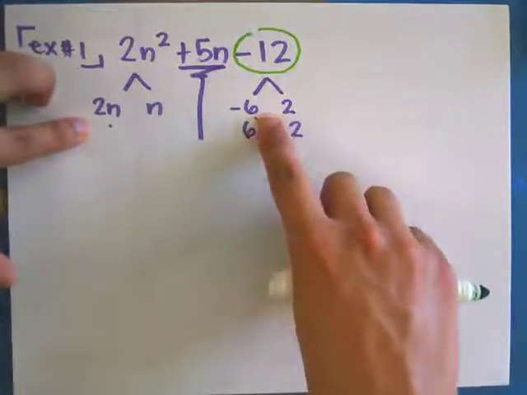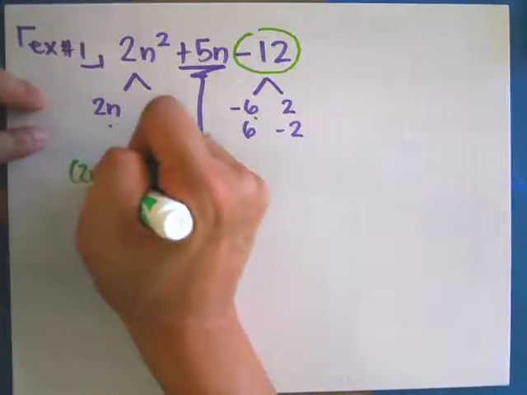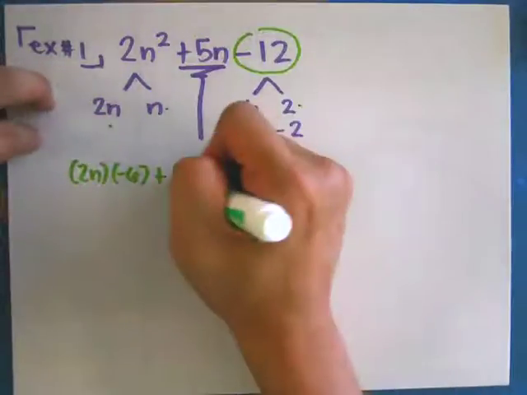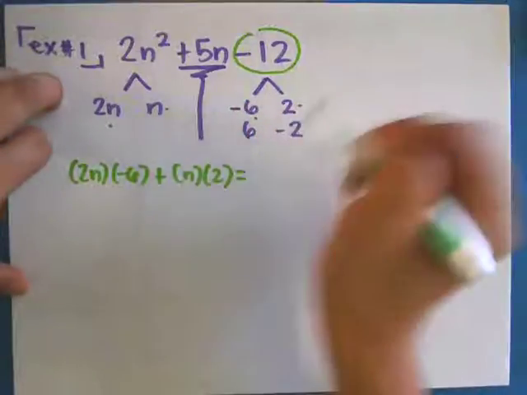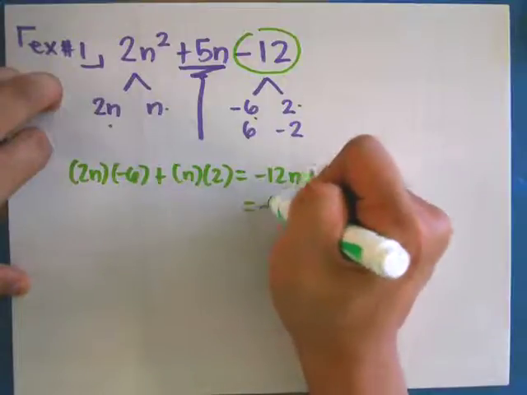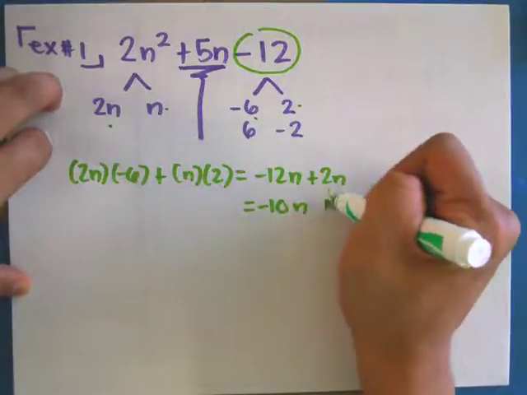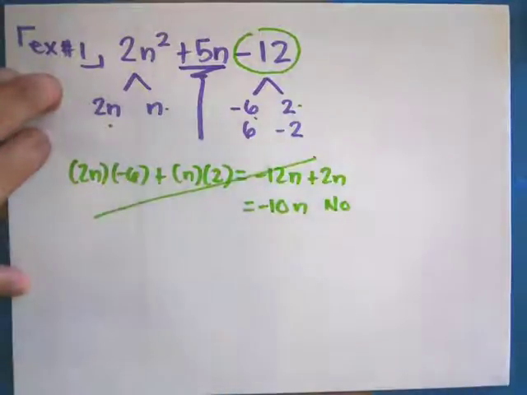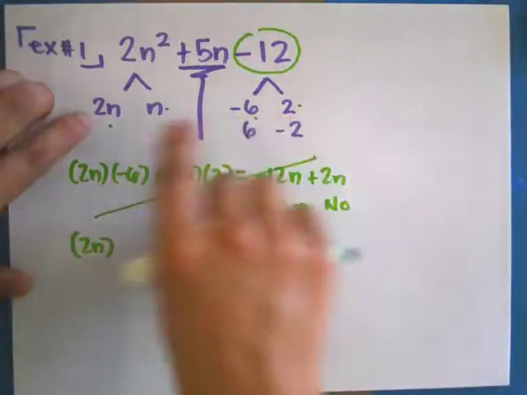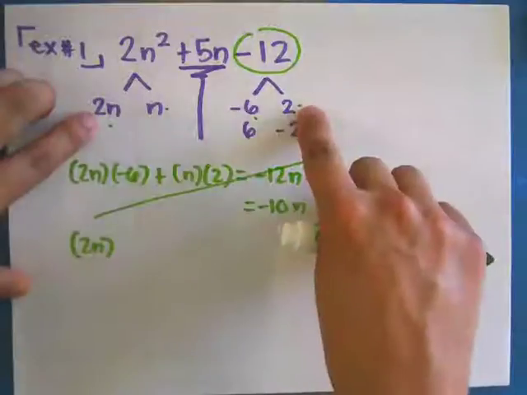Let's try 2n times negative 6 plus n times 2. This is negative 12n plus 2n, which is negative 10n. This is not what we want. Don't knock off this pair just yet, because you could have multiplied 2n with the 2.